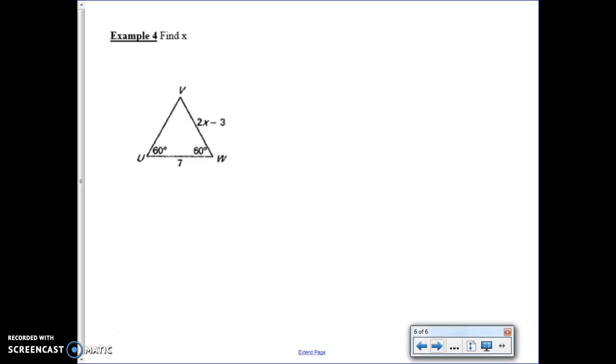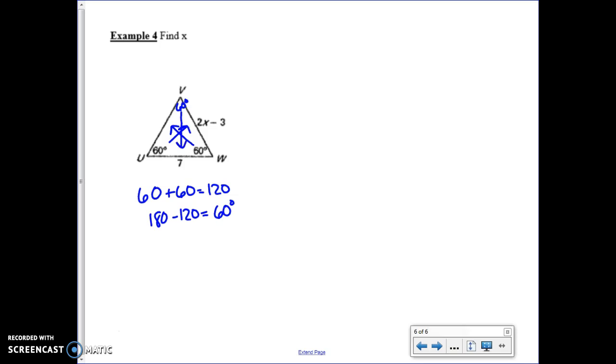So how does that help us here? Well, if we look at example 4, I see the 60 degrees and the 60 degrees, but there's nothing over here on side UV. But I know that the three angles add up to 180, and 60 plus 60 is 120. 180 minus 120 tells me that the third angle is also 60 degrees, which means that side is the same as well.